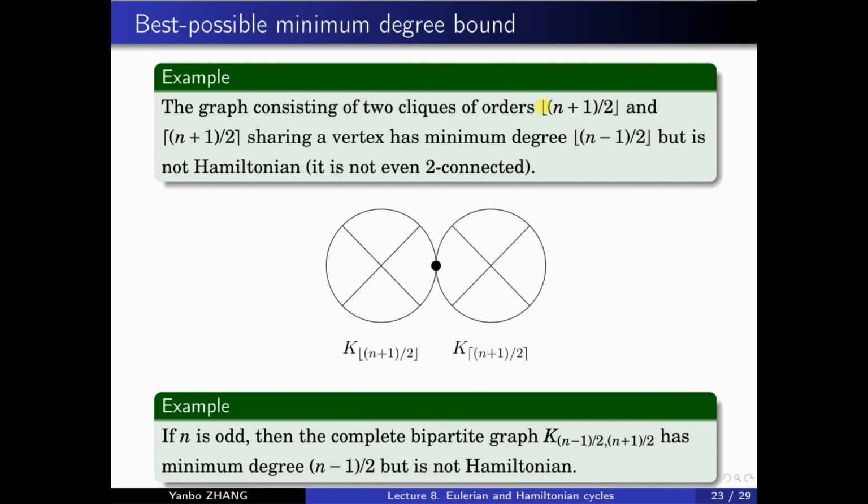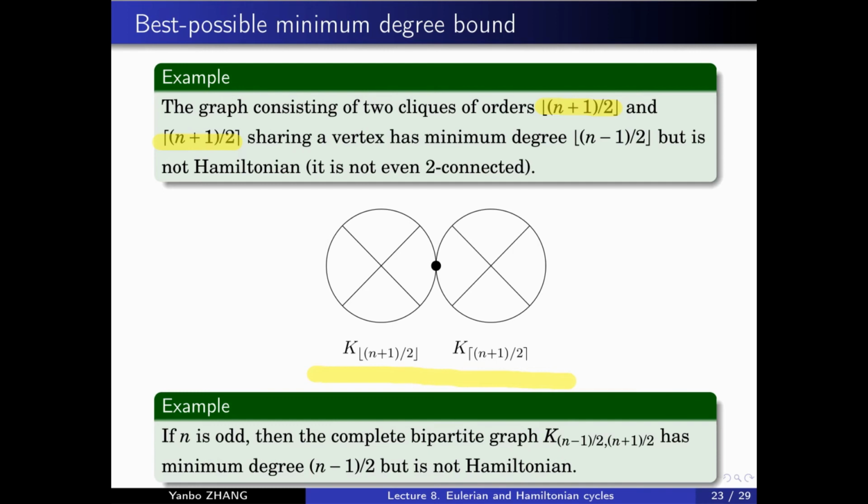Here, floor of (n plus 1) over 2 denotes the maximum integer less than or equal to (n plus 1) over 2, and the ceiling of (n plus 1) over 2 denotes the minimum integer greater than or equal to (n plus 1) over 2. These 2 cliques share exactly one vertex. This graph can be drawn as below.